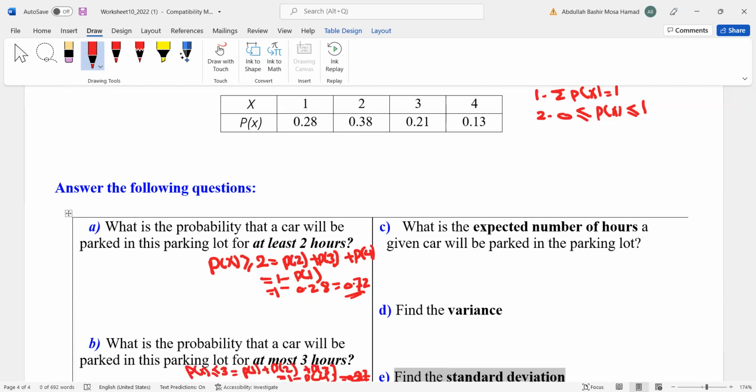Let's see C. What is the expected value of hours? For expected value, we use the expected value of X equals the summation of X times P of X, which is 1 multiplied by 0.28 plus 2 multiplied by 0.38 plus 3 multiplied by 0.21 plus 4 multiplied by 0.13.